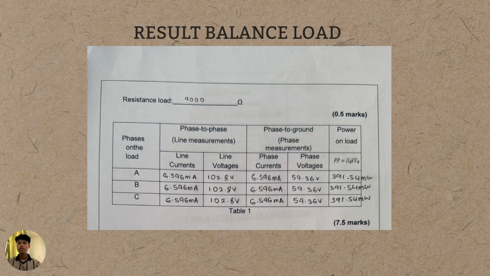The results obtained from this setup show that the voltage across all three phases was nearly identical, indicating a well-balanced system with proper voltage transformation from delta to star. The readings confirm that when the load is balanced, the transformer operates efficiently, and the voltage across each phase remains within acceptable tolerance levels.